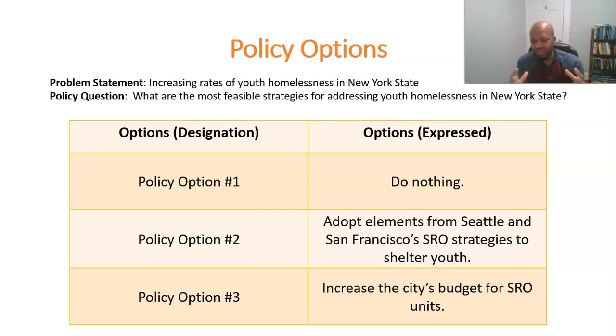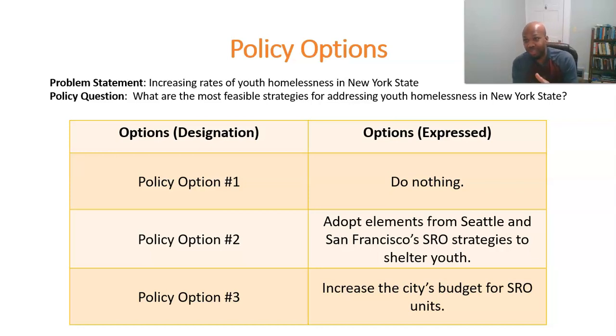You've brought all of that information in, and you've come to the conclusion or a short list of about 3 or 4 policy options, which should be your baseline, your target number of policy options for any analysis. You should never have a laundry list of 1 or 2 options, but try to aim for 3 or 4. And often the first one, do nothing, should show up in every policy analysis.